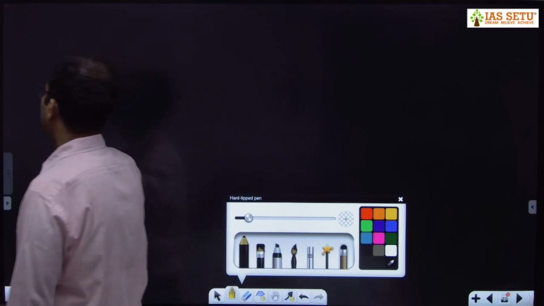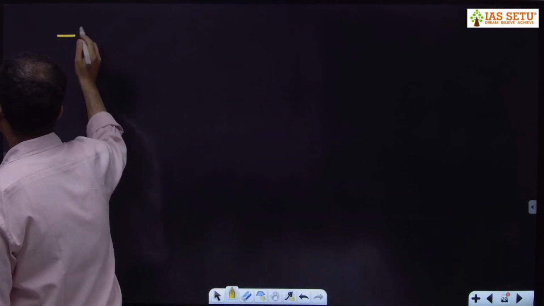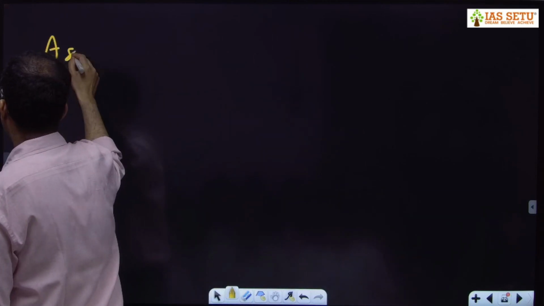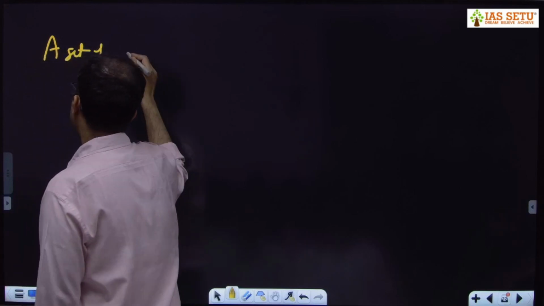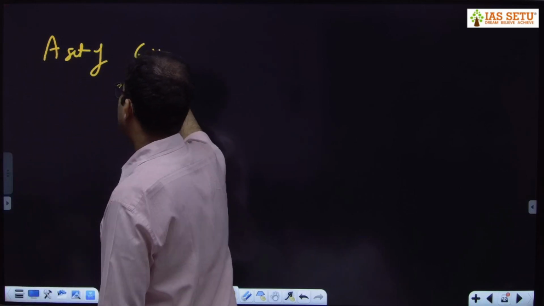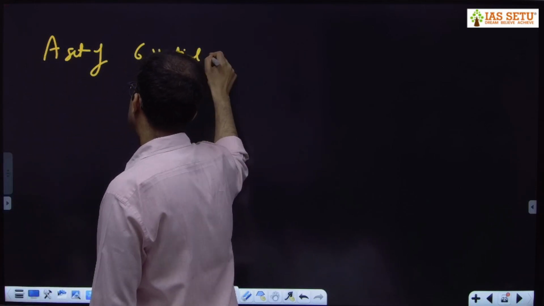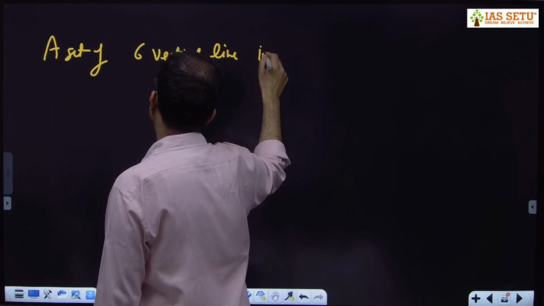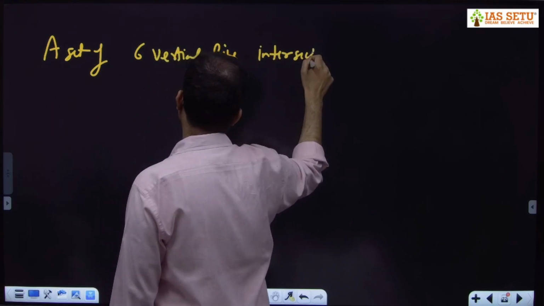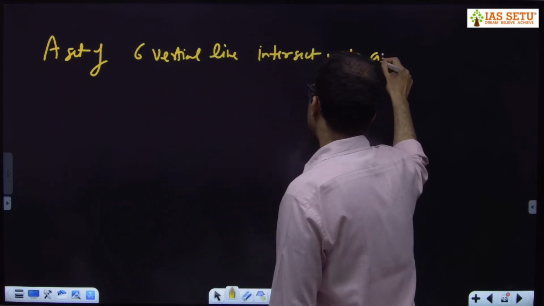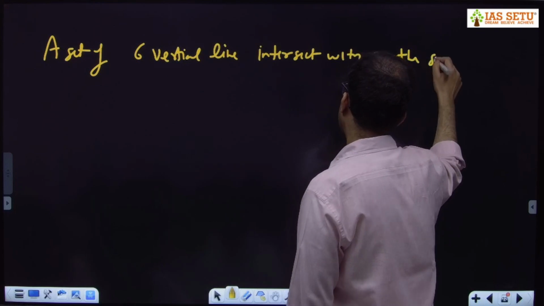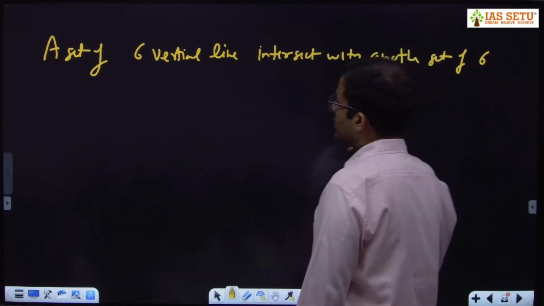Okay, I ask you 2-3 questions. A set of 6 vertical lines intersects with another set of 6 horizontal lines.